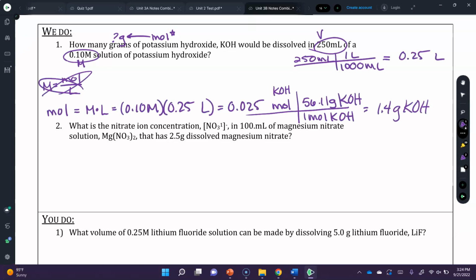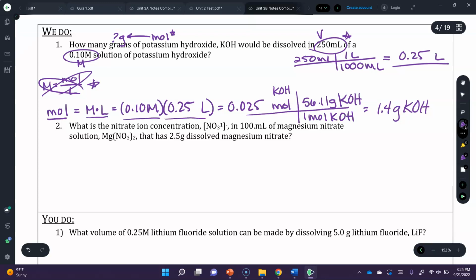Okay, so you should have attempted this. The first thing you should have done is convert volume into liters. Once you have done that, you are going to rearrange the molarity equation to solve for moles. So that way you know you need to multiply molarity times liters, and that gives you moles of potassium hydroxide. Then dragging the units diagonal and putting grams on top, because that is what you were asked for.